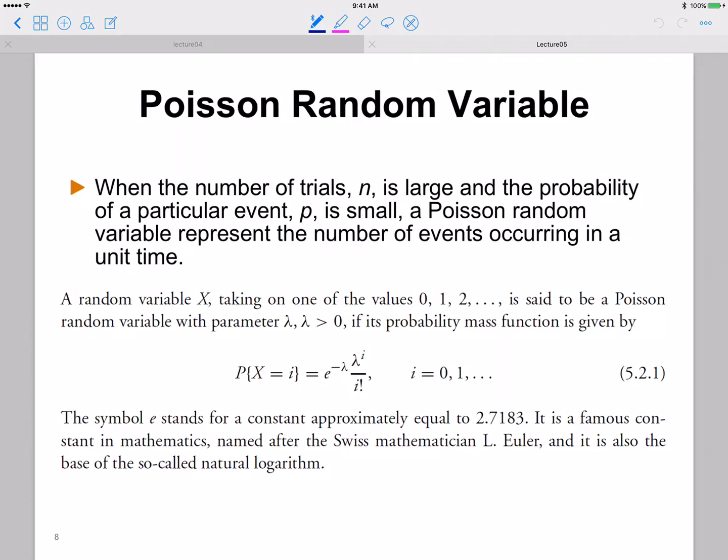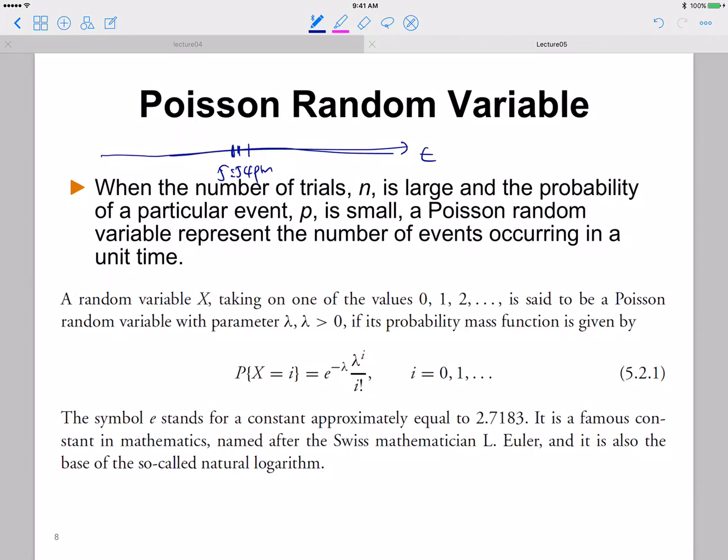Okay, then the next one is the Poisson random variable. Let's try to understand the meaning or the situation considered when discussing this Poisson random variable. We think of some time period, okay? So we have some timeline with a continuous axis. This is maybe 5:45 p.m., 5:55, 5:56, and so on, right?